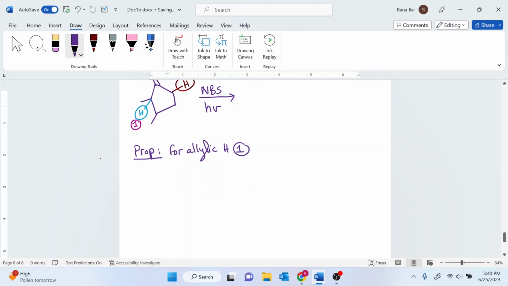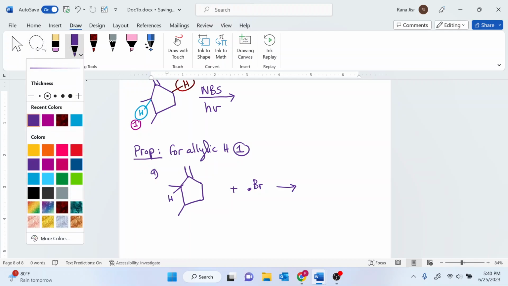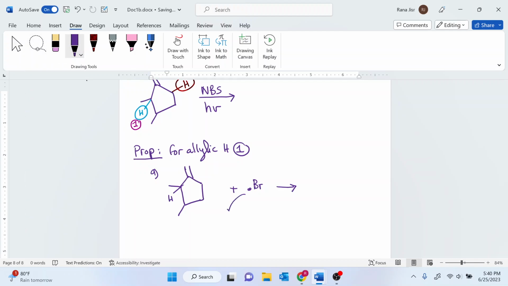So let's go with the first step of the reaction. So step A, and there you start with your allylic system. That is the allylic hydrogen over here. And you're going to react this with the bromine radical that you made from the NBS. So the bromine radical is going to come. It's going to take the hydrogen, and you're going to generate an allylic radical.